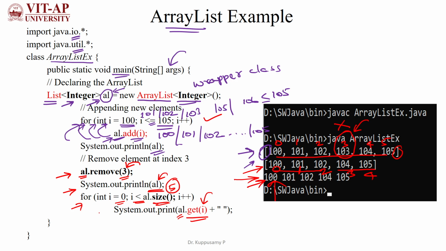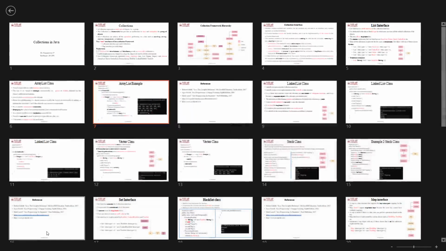Then incrementing by 1, so 1 is now less than 5, okay, which is true. Then the first index value is printed here, that is 101. Then again incrementing, so here 2 less than 5, which is printing the second index value, that is 102. Then third index value, fourth index value. When it becomes 5 less than 5, it is false, so it will come out of the for loop. There are no other statements, then the program is closed here.